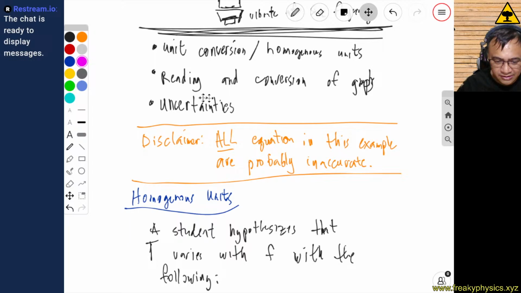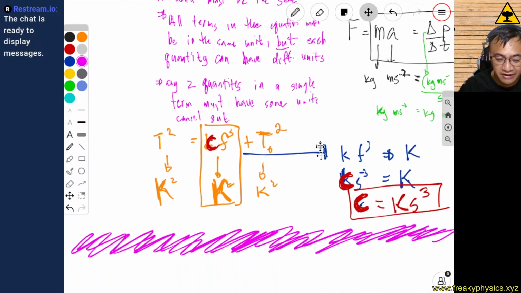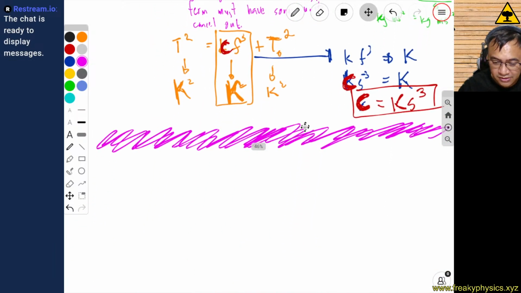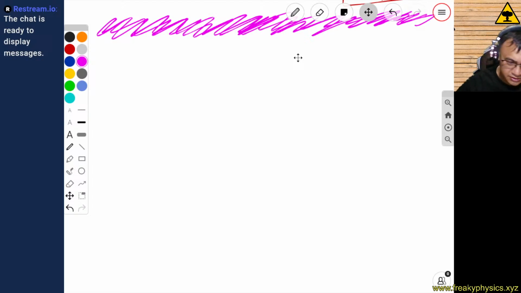The second bit is reading and conversion of graphs. Now, in fact, I think I want to do this last. Okay, let's go to the second one here, uncertainties. Now, uncertainties can either be given to you or could be found from the graph, right? So, let's put that here.